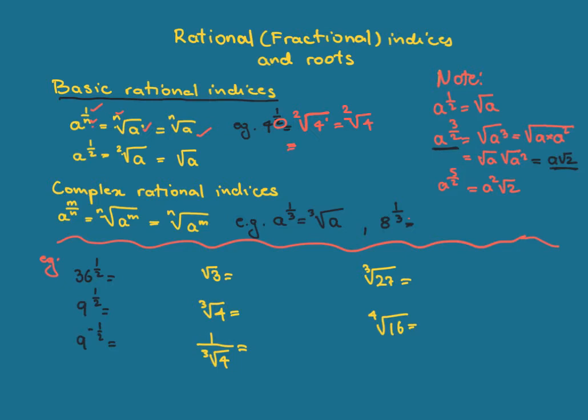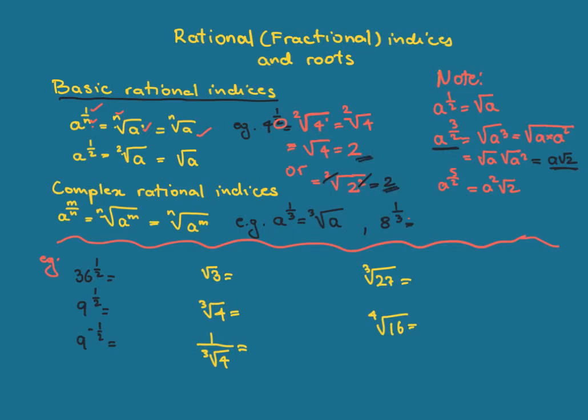We don't write the 2 for a square root, so it's the square root of 4, which is equal to 2. Or we could say the square root of 4, and 4 is the same as 2 to the power of 2.